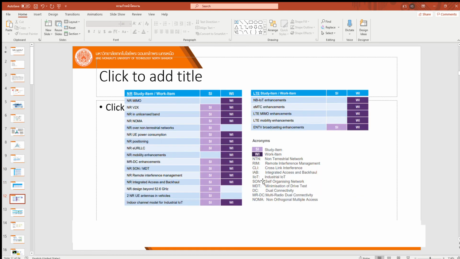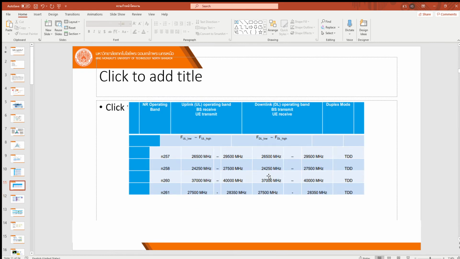Also for millimeter wave, they can have many kinds of frequency ranges to use, from N257 to N261. And for millimeter wave, they're going to use TDD for the duplex mode.